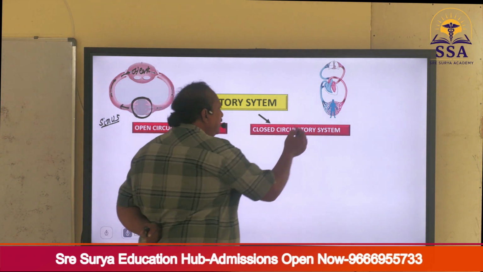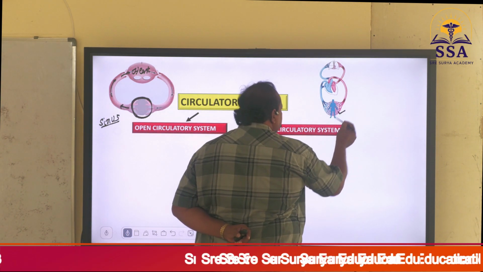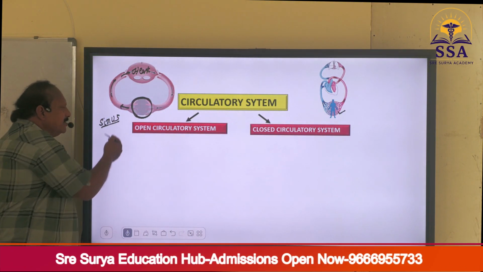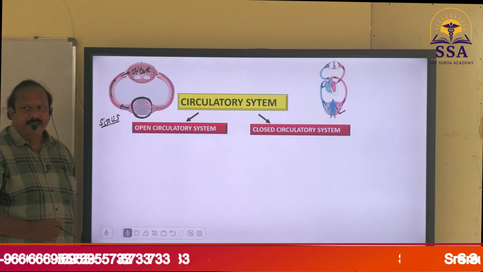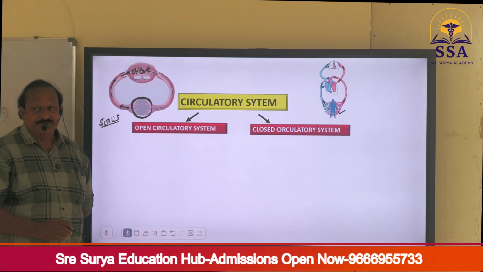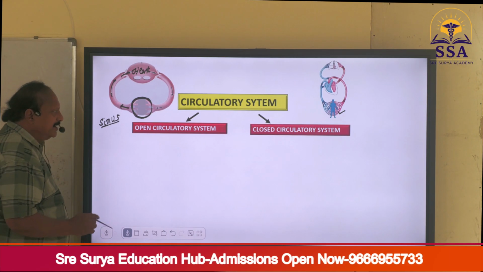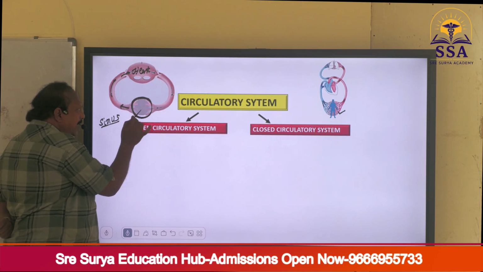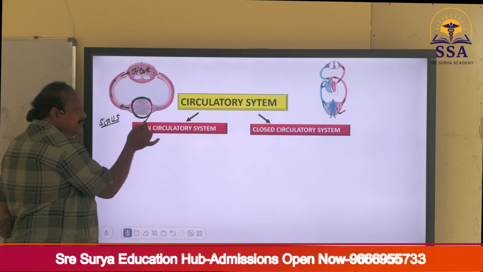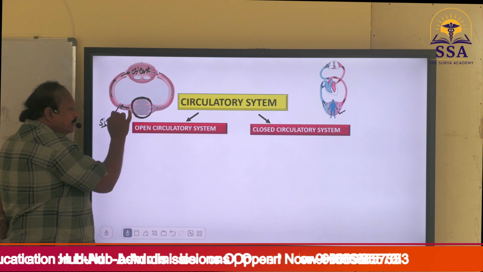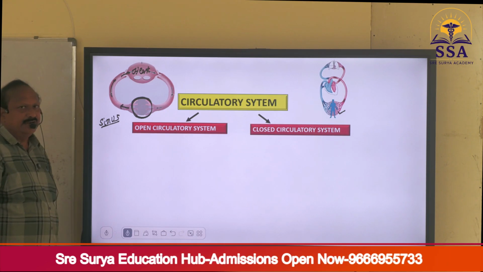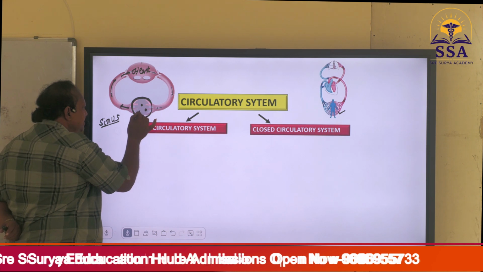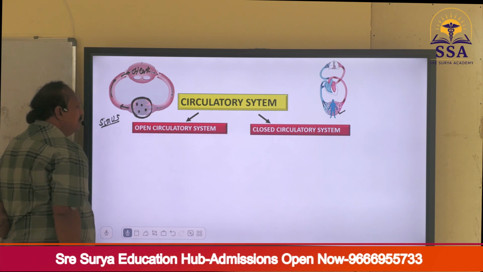Here you can find narrow capillaries. In the open circulatory system, you cannot find any capillaries. There are large blood vessels. Through these blood vessels, the heart pumps blood to the sinus where the tissues and organs are located. In this place, there are many tissues and organs.